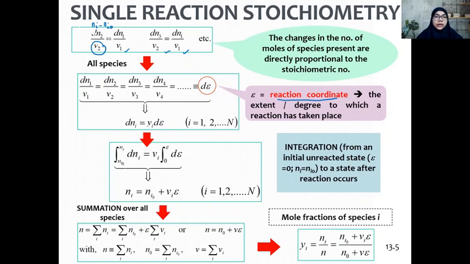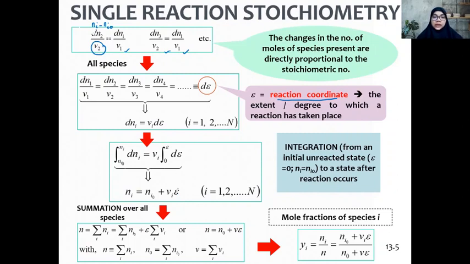Integrating this expression, the number of moles for this particular species equals the number of moles initially plus the stoichiometric number times the reaction coordinate.